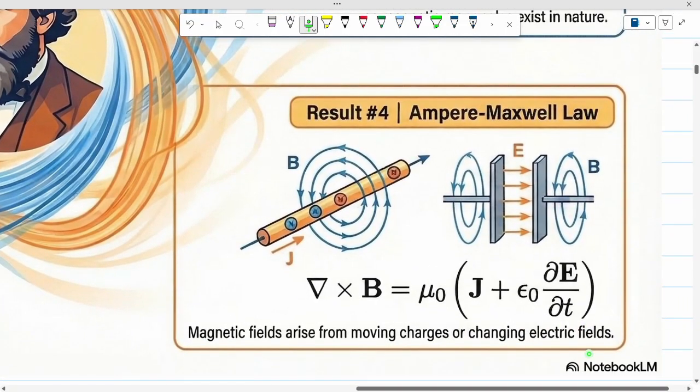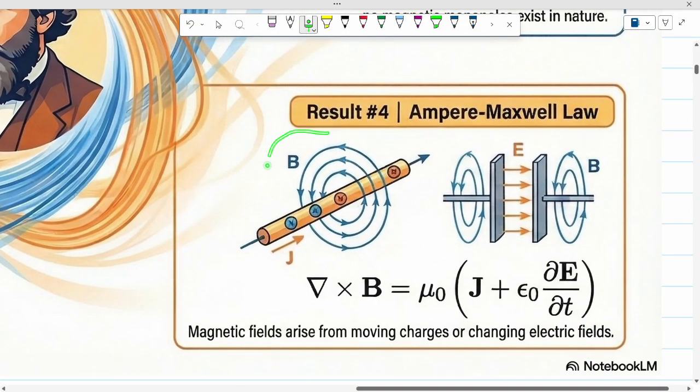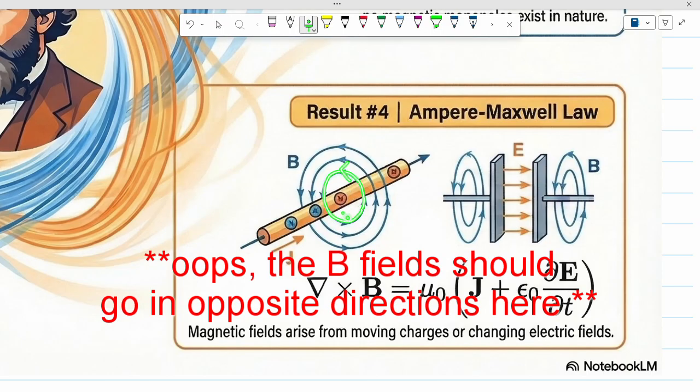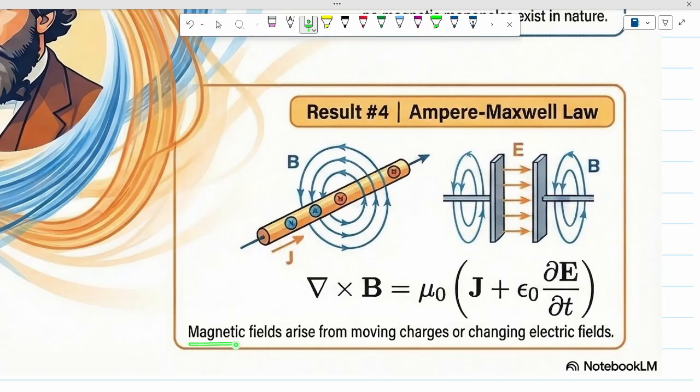So this is the picture that you have seen, with the right-hand rules, direction of current. If you have a straight current going this way, in what direction is the magnetic field? You point your thumb in this direction. The direction in which your fingers curl is the direction of the resulting magnetic field. So magnetic fields arise from moving charges.